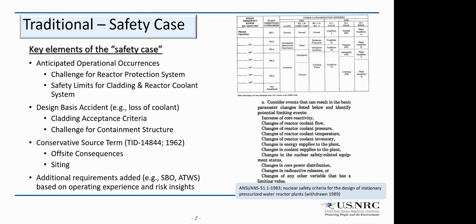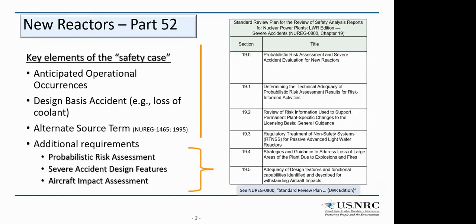If you look at most safety analysis reports for operating plants, it's going to follow that kind of structure. You can see in Chapter 15, the accident analysis or safety analysis, how they reflect those ANS standards 51.1 and 52.1.